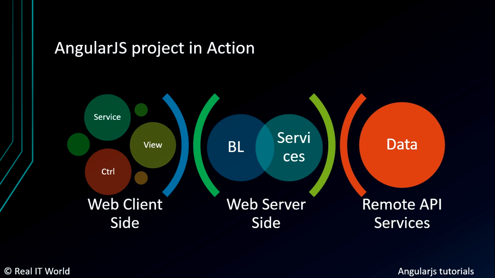On the web server side, such as IIS or Apache or Tomcat, business logic will execute. Then some remote service calls will happen at the server side, as we already saw. Then the remote API services side will hold all the data. Whenever somebody requests that service, it will return the service data. This is the Angular project in action.